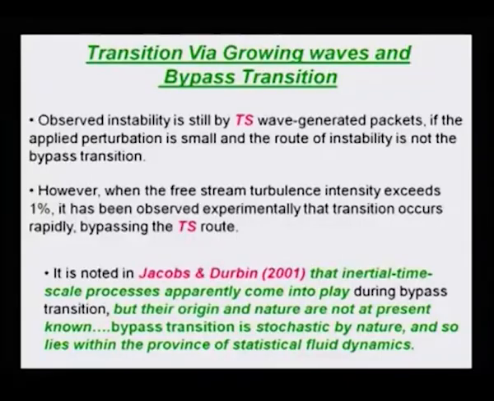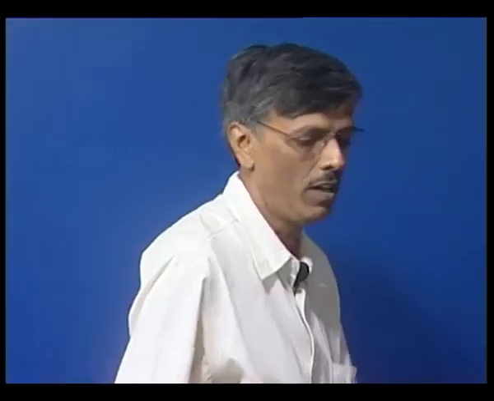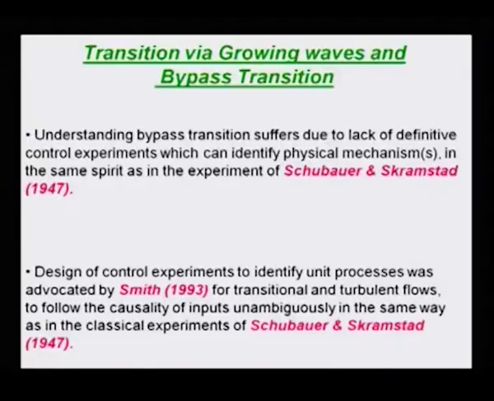Convective acceleration term. But they confessed that their origin and nature were not known to them for sure. And they made this observation that bypass transition is stochastic in nature. And that's what they say, that you give up your deterministic fluid mechanics and start dabbling in statistical fluid dynamics, which you know that we should not subscribe to, because that's what we are going to see what happens.